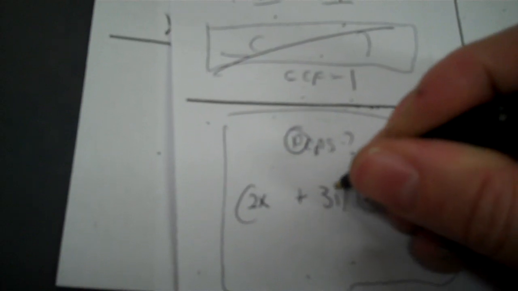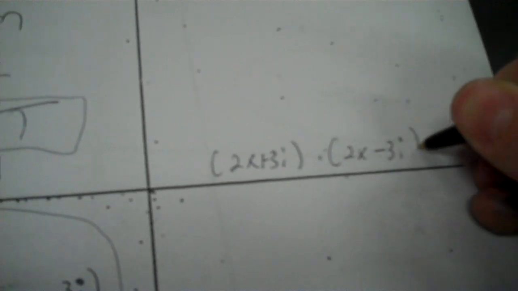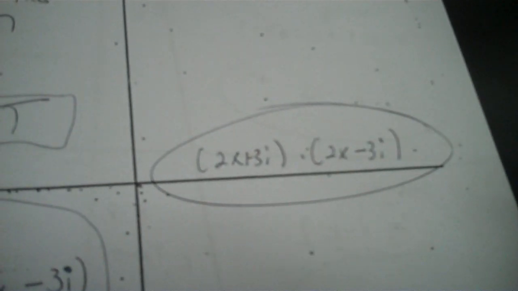But the whole point of this is if you don't have the minus, because D stands for difference. If the difference is not there, we compensate for that by putting an i behind the constants, okay? So that's the answer. 2x plus 3i times 2x minus 3i. So I'm not finding the answers, okay?